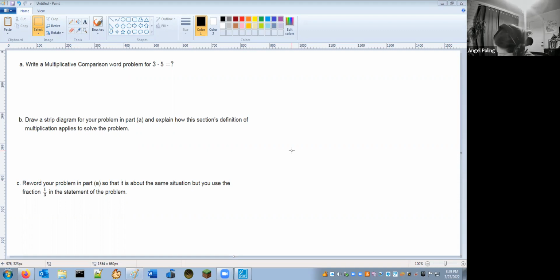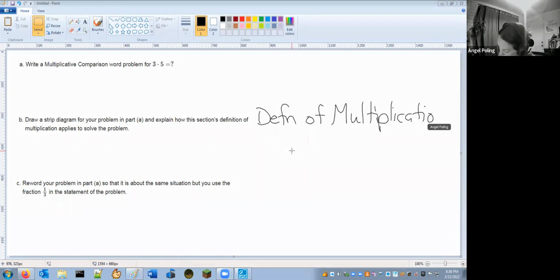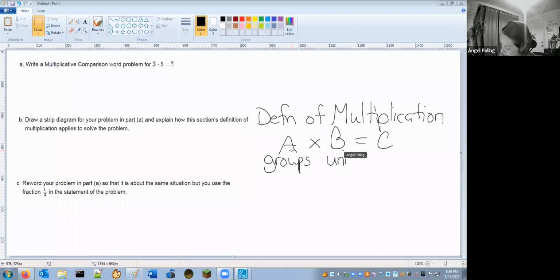So we have the definition of multiplication being A times B equals C, where A is the number of groups, B is the number of units per group, and C is the number of units.